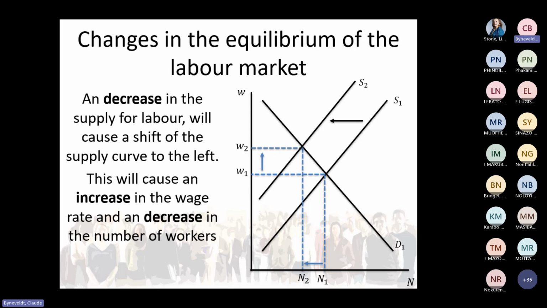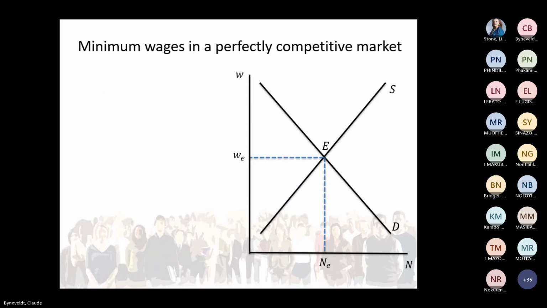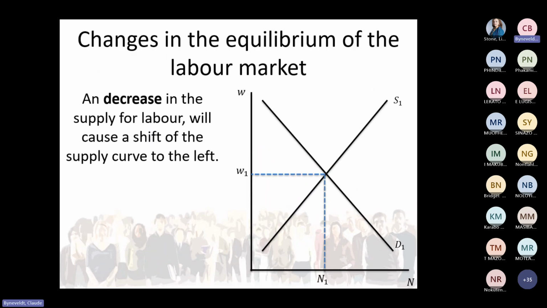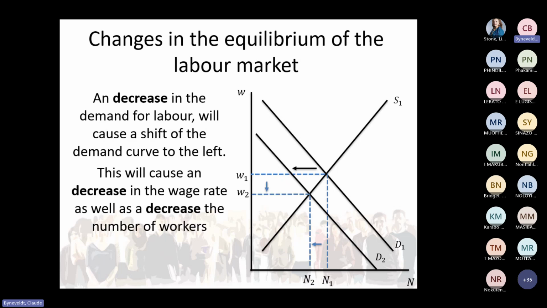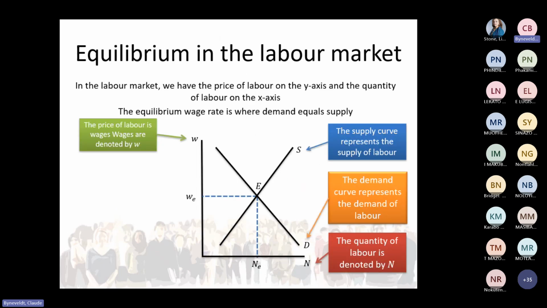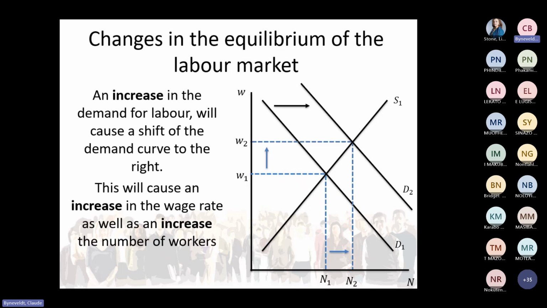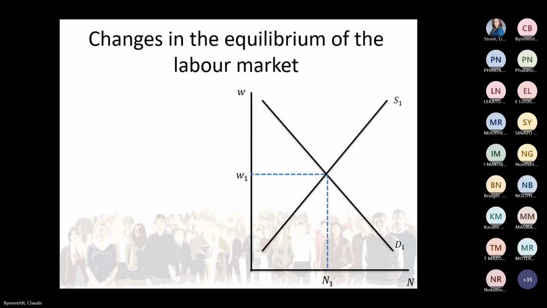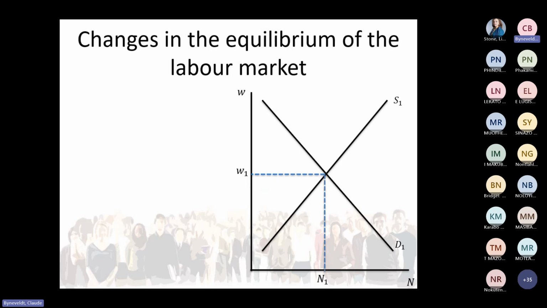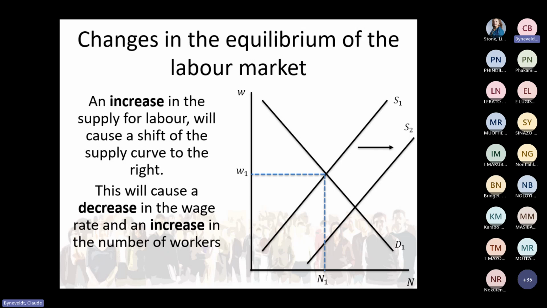So you can work through changes in the equilibrium of the labor market: an increase or decrease in the demand for labor, an increase in the supply of labor, and a decrease in the supply of labor.